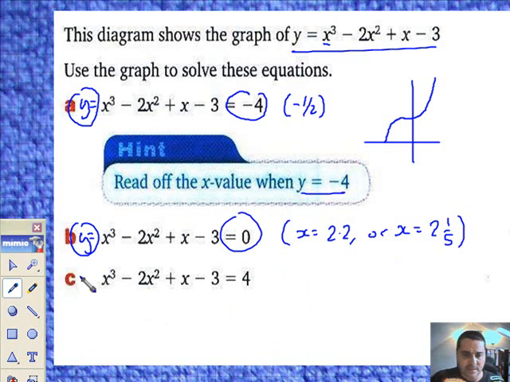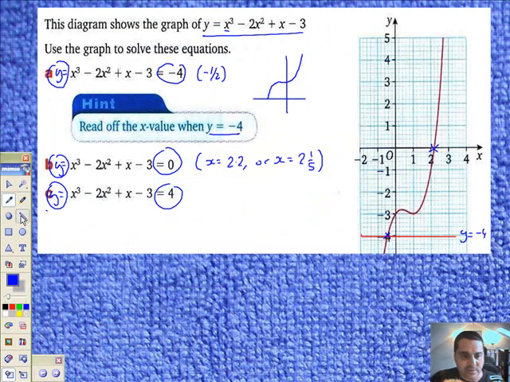And here I've got, again, y equals that equation, and in order for y to equal 4, to make the two equations equal, they're going to intersect somewhere. So we're drawing the line y equals 4, and there she is, straight across there. Label it. You know it's y equals 4. And again, look, one solution right there.